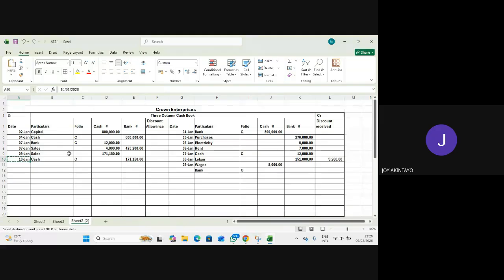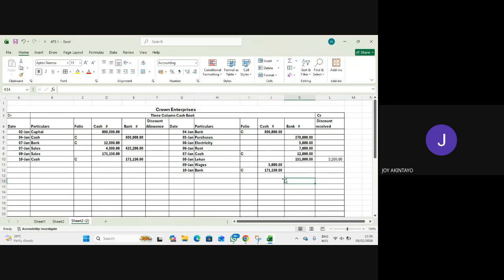So the cash is giving 171,150. Hope you understand. So that's how to treat that.